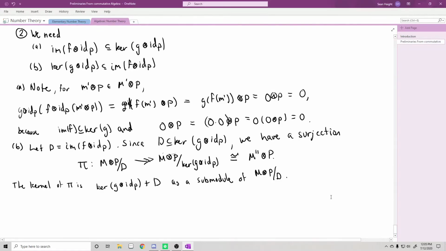To show that this kernel is contained in D, it really suffices to show that pi is injective.